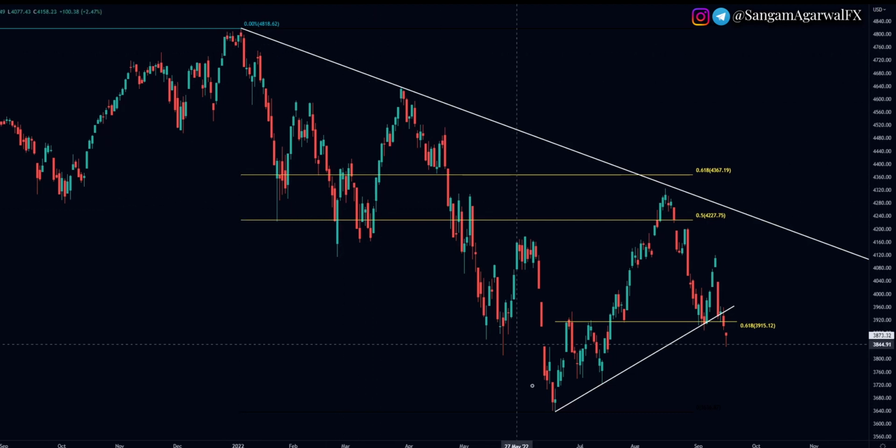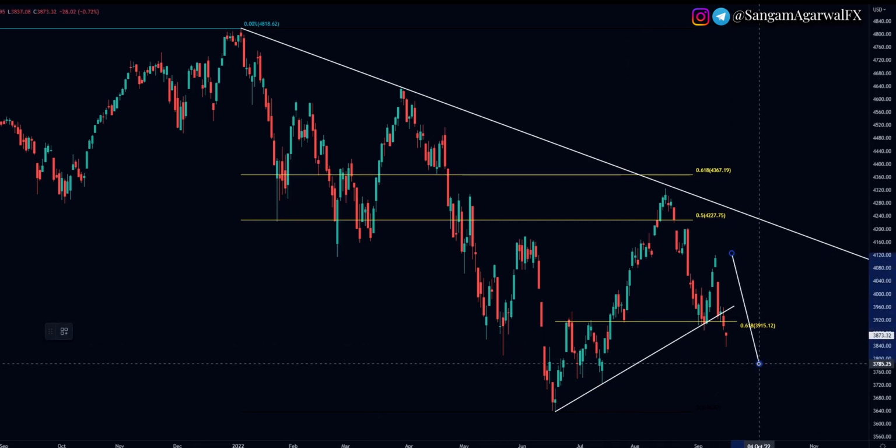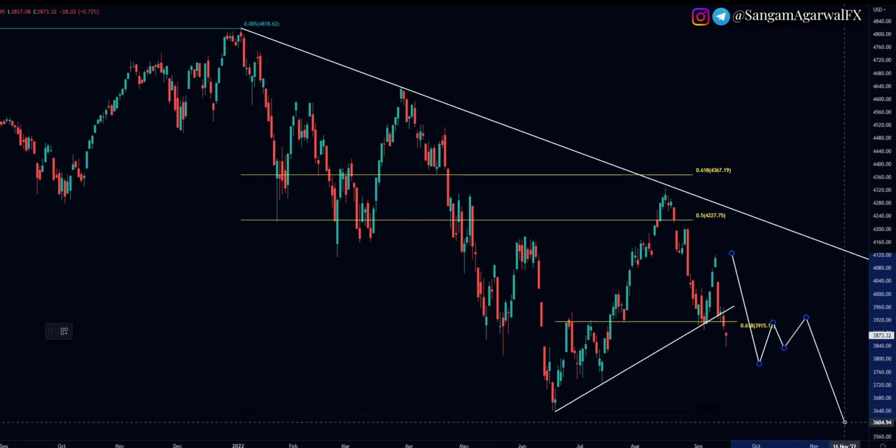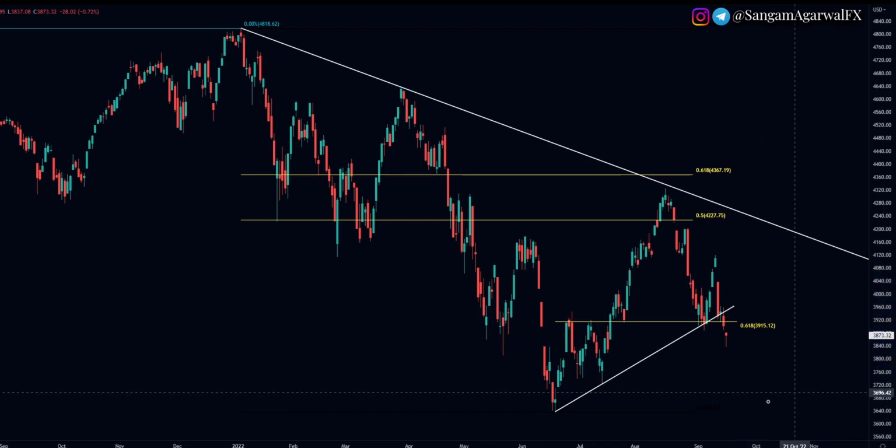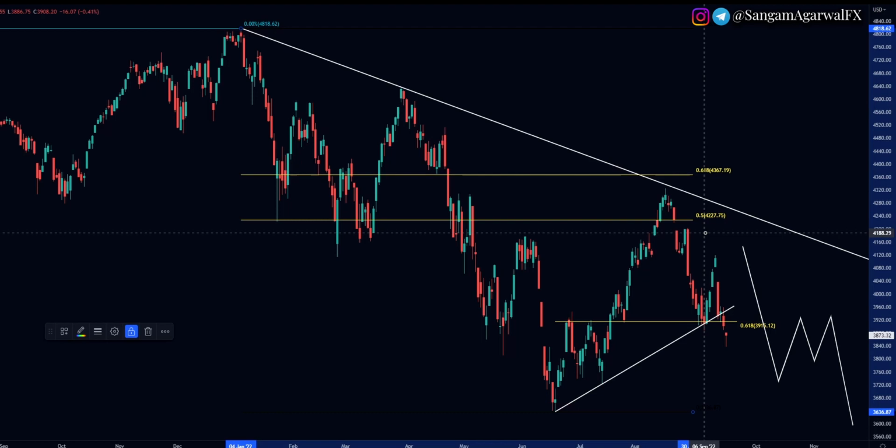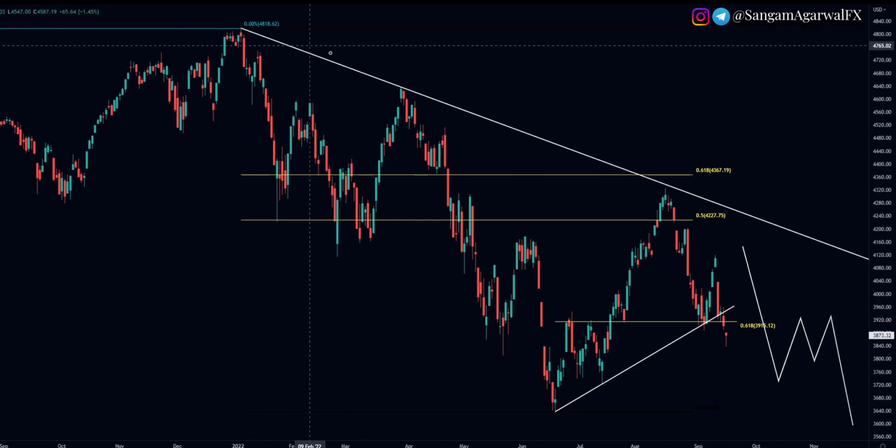And now it has made a lower low, lower high, and after Jackson Hole and CPI, it is ready to make a new low. First it made a 50% retracement, more than 50 but less than 61%, and almost retested this trend line on the third attempt.